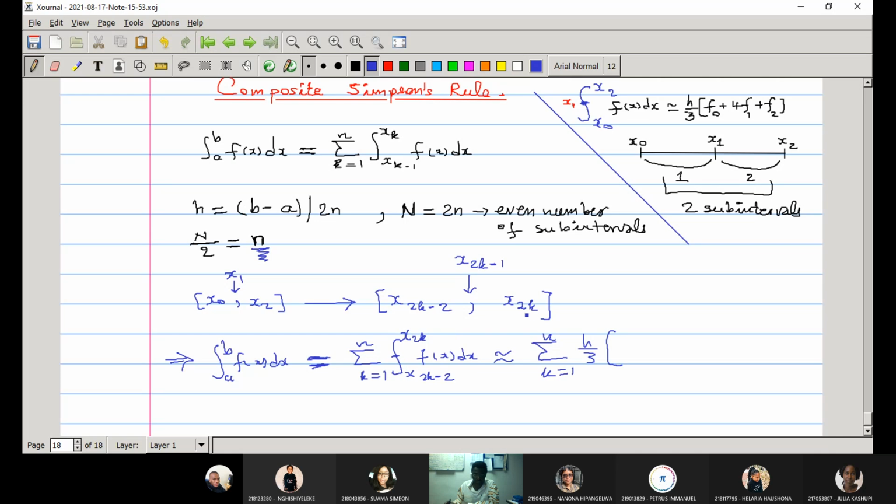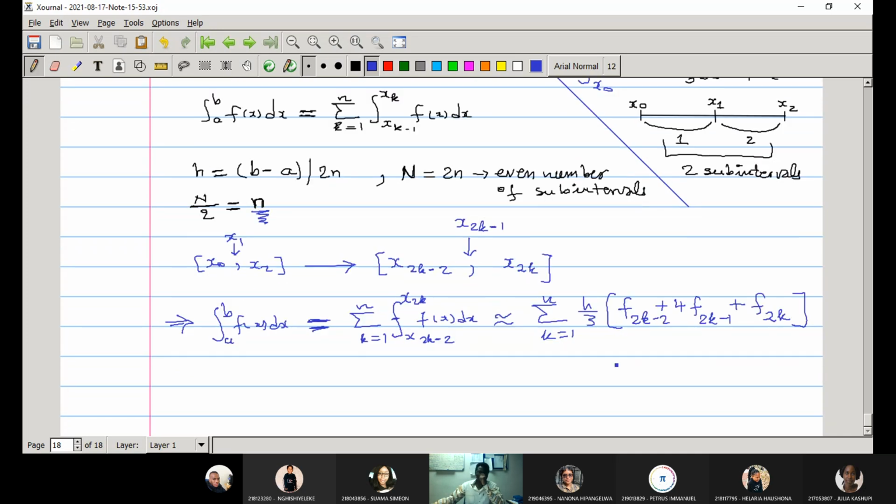1, 4, 1. So the terms will become, so you can see how I will map f sub 0 to f sub 2k minus 2 plus 4 f of 2k minus 1 plus f sub 2k.